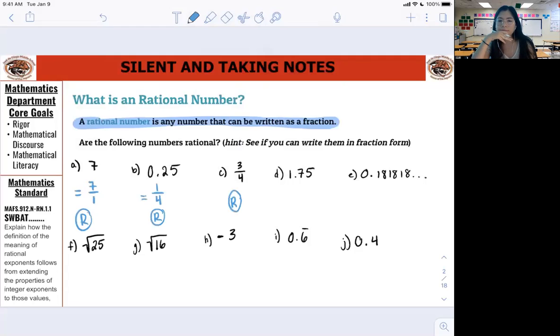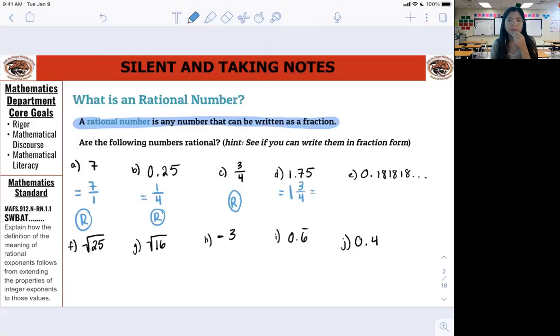1.75. 7/4. So yeah, this is the same as 1 and 3/4, which you can rewrite as an improper fraction. How do we write something as an improper fraction?